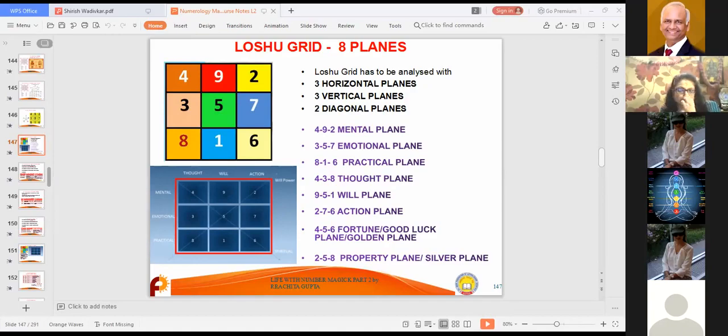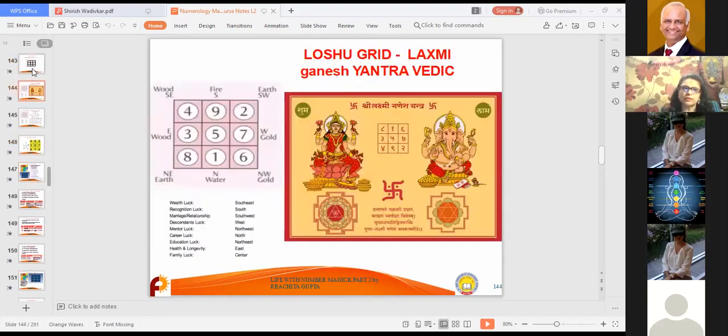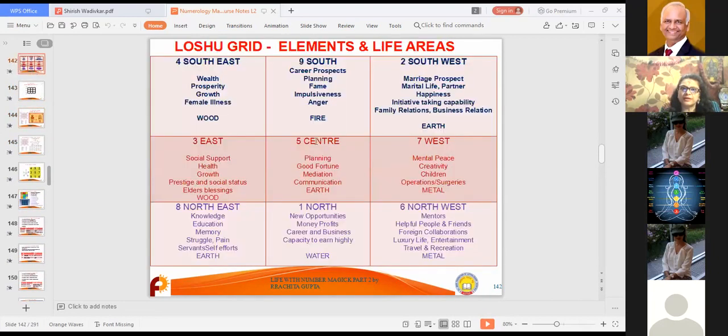So let's start with today's session. We were discussing the Loshu grid, right? We have already done the 9 zones of the Loshu grid, and all the zones and what they stand for, what they signify and denote, that I have explained to you in detail, including the metals, the life aspects, the element, the directions, the number, and the planet concerned.